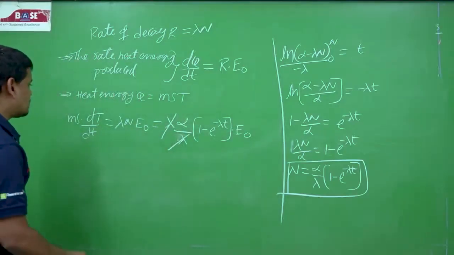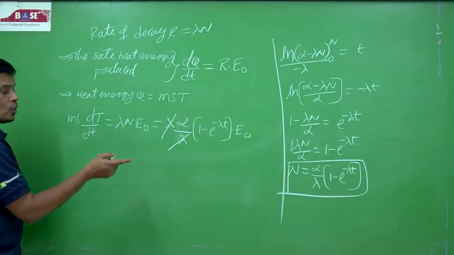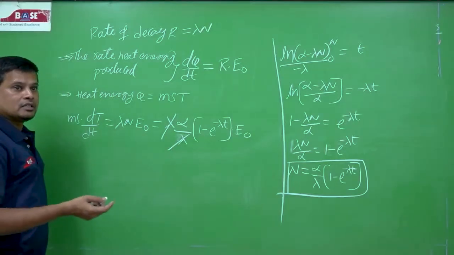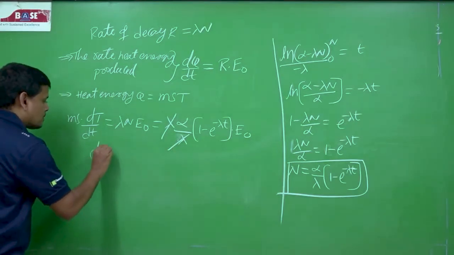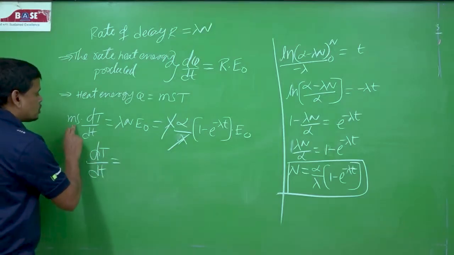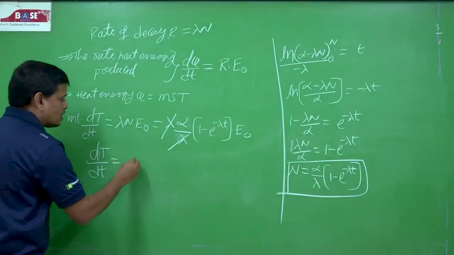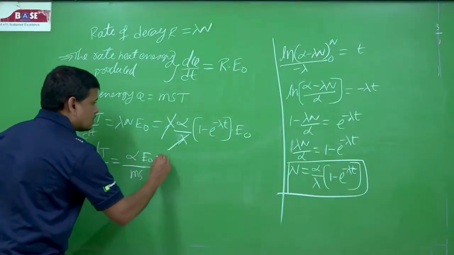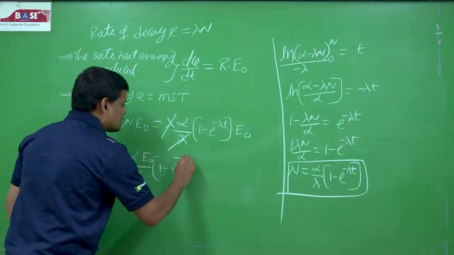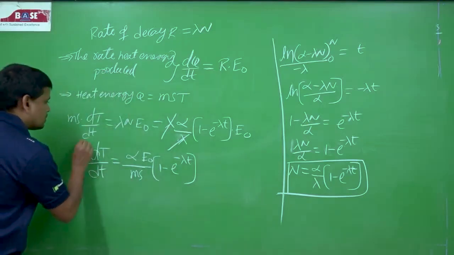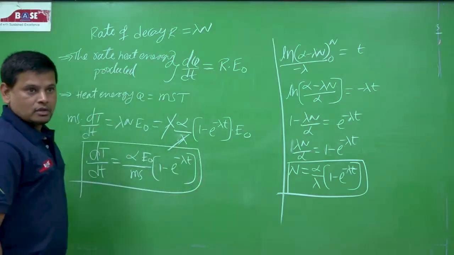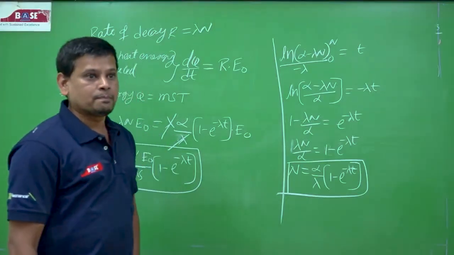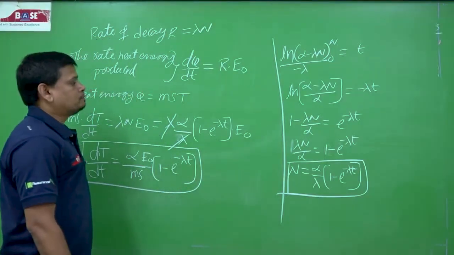Lambda gets cancelled out, but we are interested only in finding the rate of rise in temperature, so dT by dt. Sending mass multiplied by specific heat to the other side, dT by dt equals alpha E naught divided by m s times (1 minus e to the power minus lambda t). Yes, this is our required answer, and this is option A, the first option.